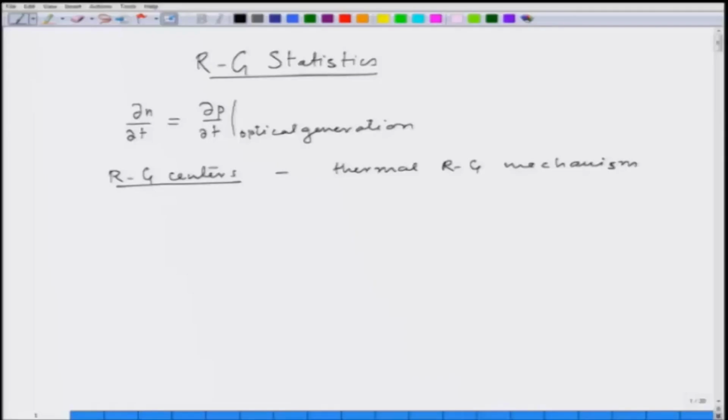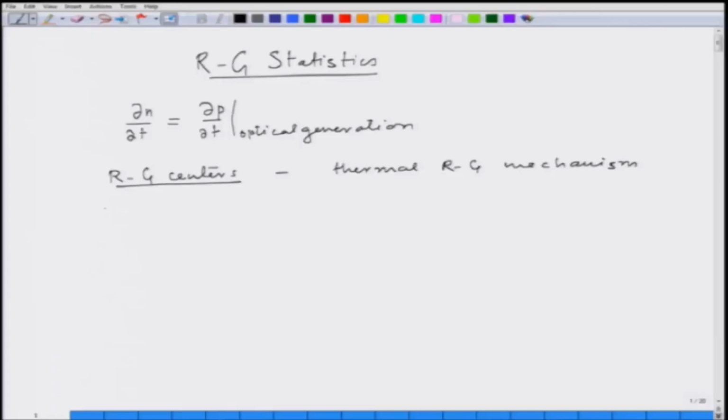So, effectively what we are saying is that we have looked at different individual processes individually, and we are still looking at individual processes. When you are working in a device, probably more than one will be working, and hence you will have to incorporate all the mathematical expressions that you need in order to understand how your device will work. So, today's lecture will be focusing on the RG statistics, or how RG centers lead to recombination or generation of carriers.